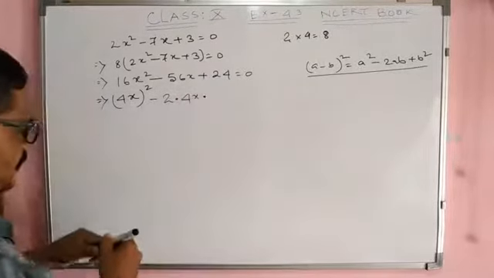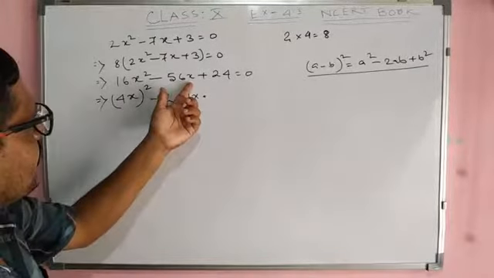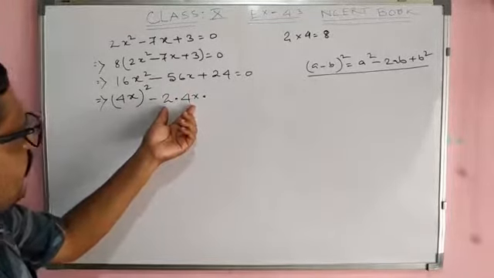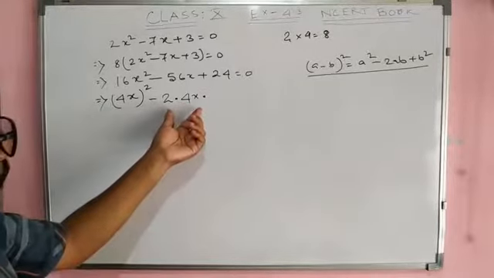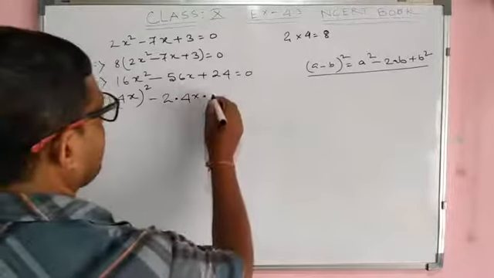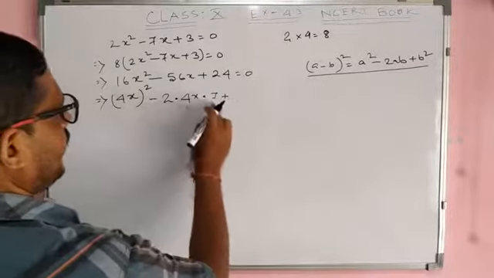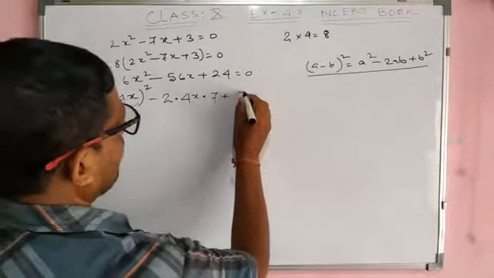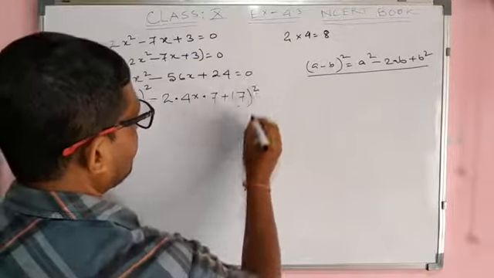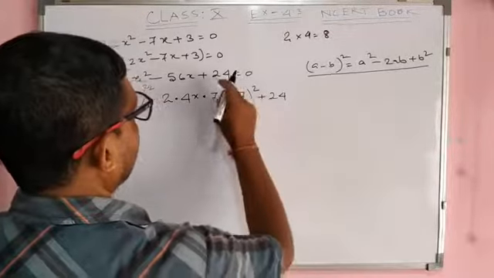But there is 56x, and here we have got 8x. So to get 56x, we need to multiply by 7. Then 2 into a into b, so b means 7. Now it will be b square plus 24.